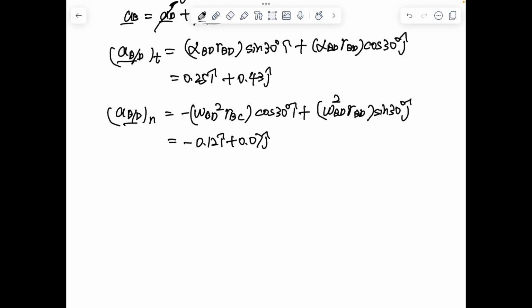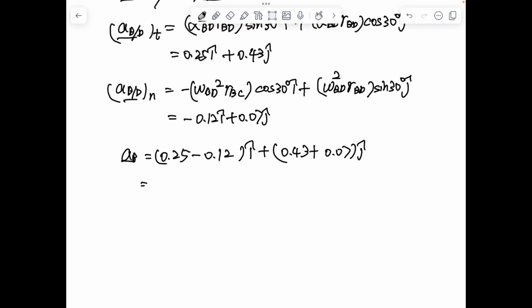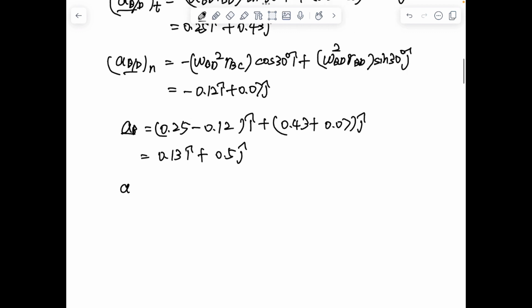So we can sum this up. We have AB is equal to 0.25 minus 0.12 I plus 0.43 plus 0.07 J. This is equal to 0.13 I plus 0.5 J. The magnitude of it is the square root of 0.13 square plus 0.5 square.